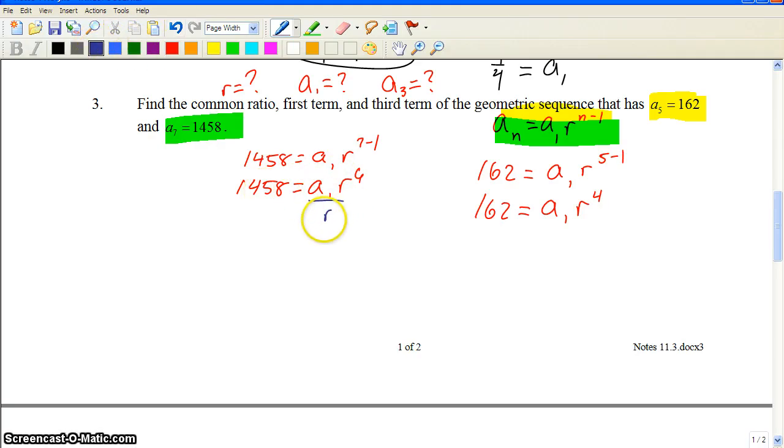So I'm going to divide this by r to the 6th, and we get a sub 1 equals 1458 over r to the 6th. After we do that, we can take that expression and substitute it in the other equation for a sub 1.